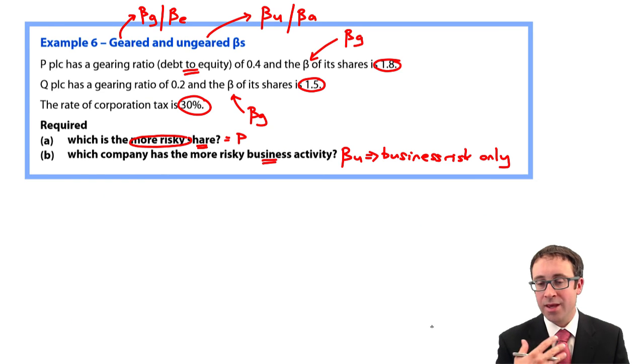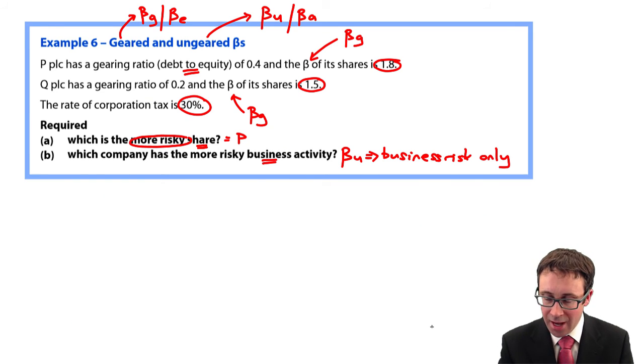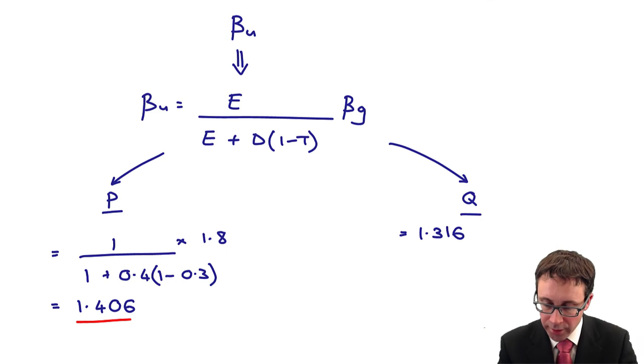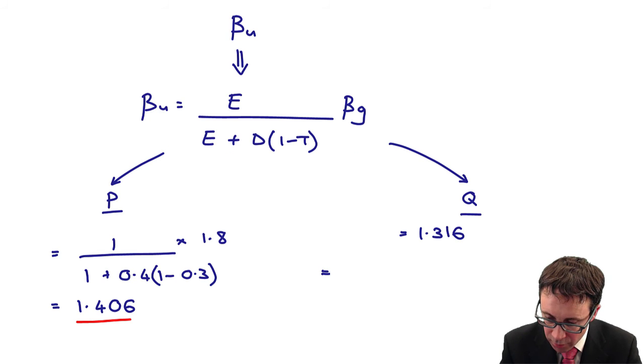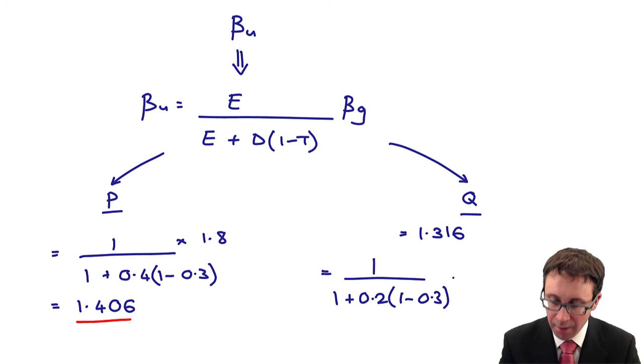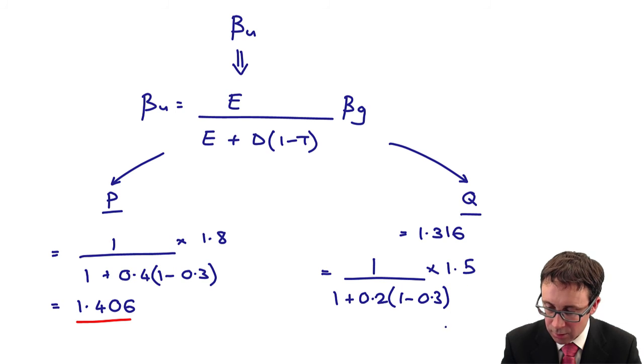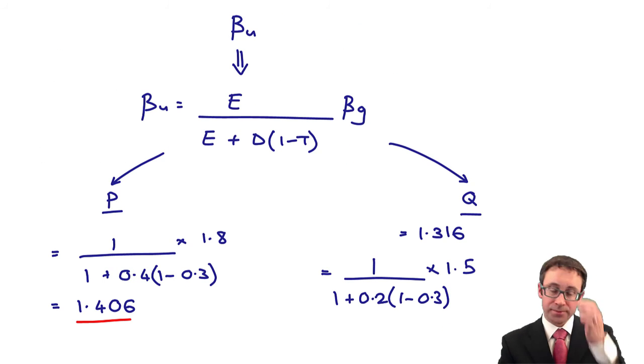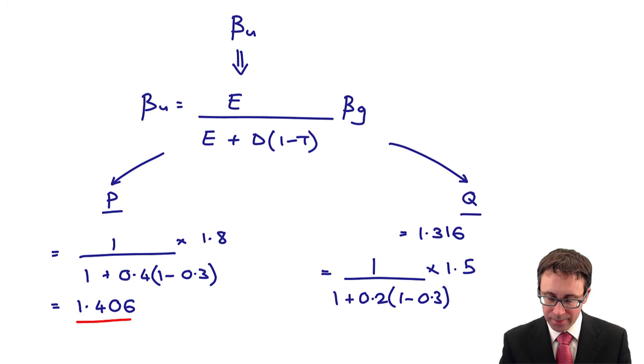Well, the geared beta is 1.5 and the debt to equity ratio is 0.2. So what you've got is 1 over 1 plus 0.2 multiplied by 1 less 0.3, times by the 1.5. Again, work out the brackets first. 1 less 0.3 is 0.7, times by 0.2 is 0.14.